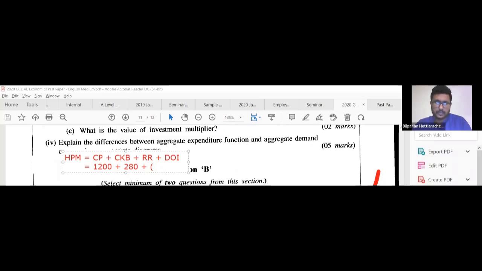Deposit is 5,200 into SRR. SRR is also given, 10%. Right? And deposits of other institutions, do we have it? No, it's not mentioned. We have only 3 components.